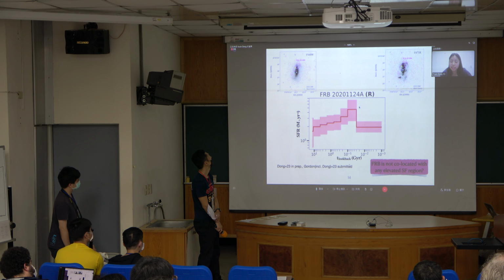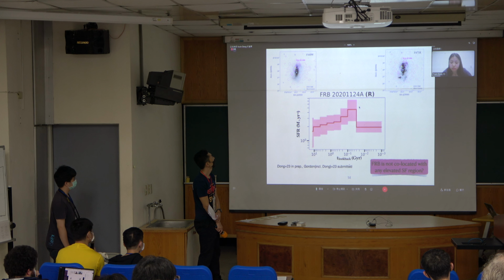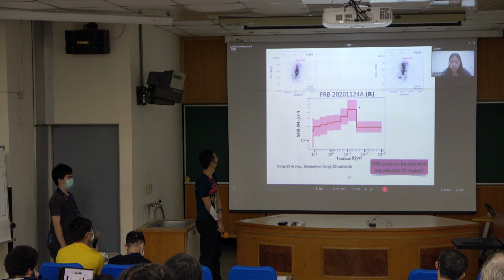And then my question is, you have now very high spatial resolution image of HST. So therefore, I just wonder if you can try to derive dust extinction map on the host galaxy to see if the dust extinction is really high around the location of the FRB to prove your hypothesis.